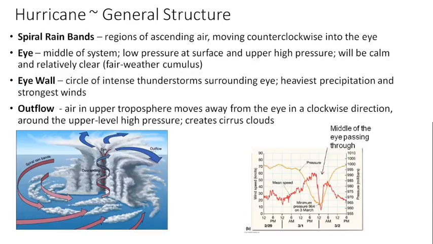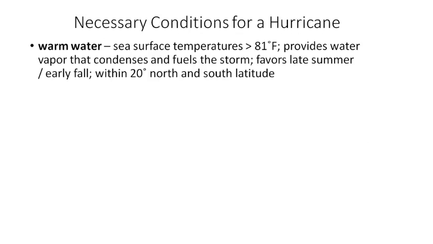So another thing, in addition to the spiral rain bands, is this ongoing outflow. At the upper elevations for a hurricane, there's a high pressure up there, so that would be going clockwise in the northern hemisphere. So if you want to create a hurricane, good luck. Things that scientists monitor for conditions ripe for hurricane formation include warm water.